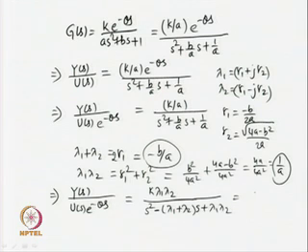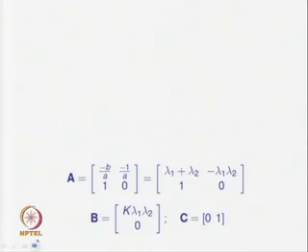So, basically what you have got now? k lambda 1 lambda 2 divided by s minus lambda 1 times s minus lambda 2. Okay. So, this is how we get the transfer function expressed in this form. Now, this transfer function can further be written in the form of this.